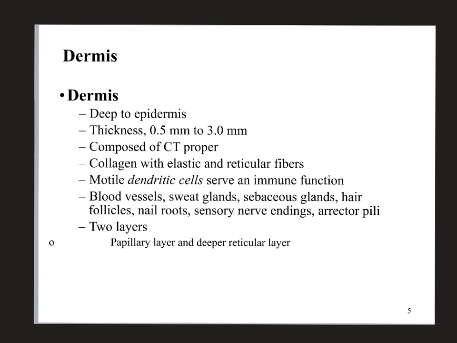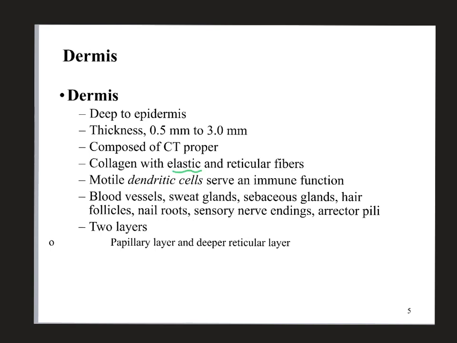Okay, so as we move from the epidermis, the dermis is deep to the epidermis. We talked about connective tissue, and we find much connective tissue in the dermis. The dermis includes collagen with elastic and reticular fibers.